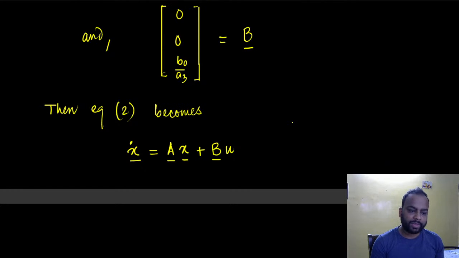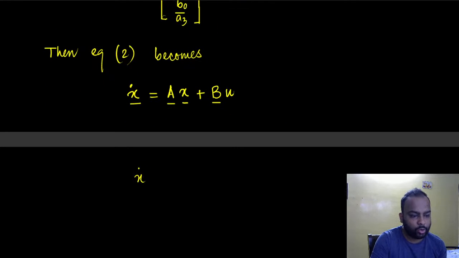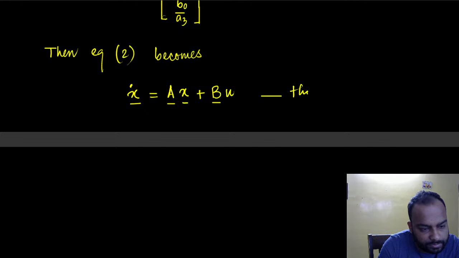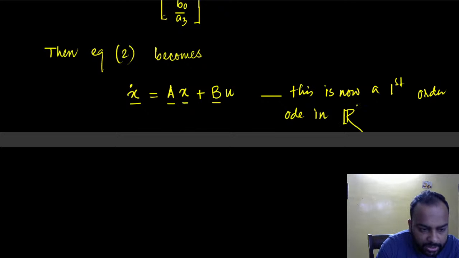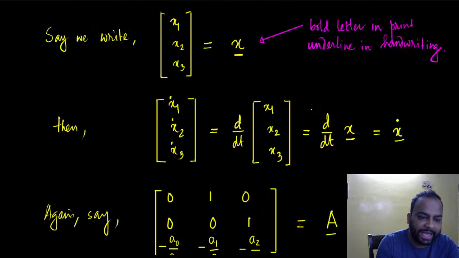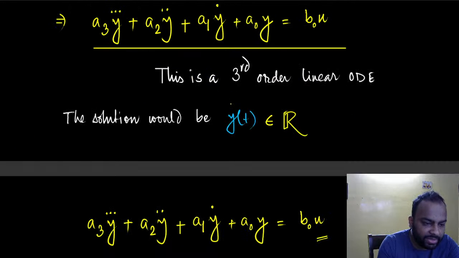Now see, what differential equation is this? Isn't it very similar to a differential equation that looks like x dot equal to ax plus bu? Just a simple first order ordinary differential equation, right? So this is now a first order ODE in R3, I would say. But look very carefully: previously the solution was just a real number at any given point.